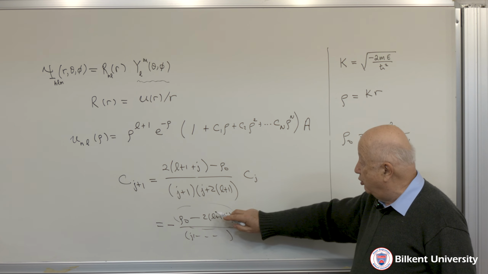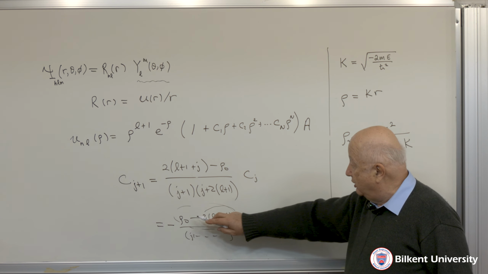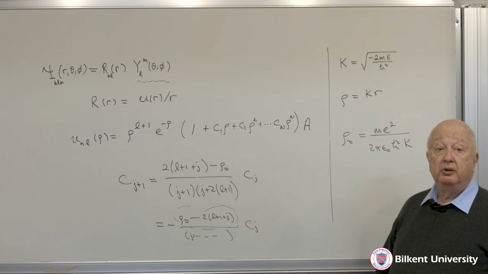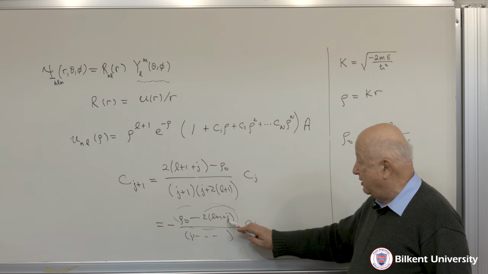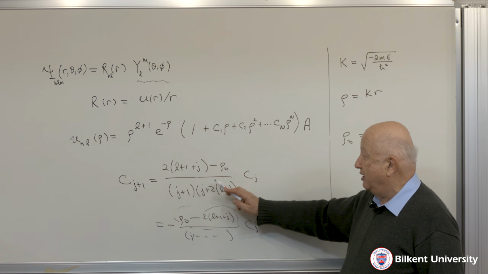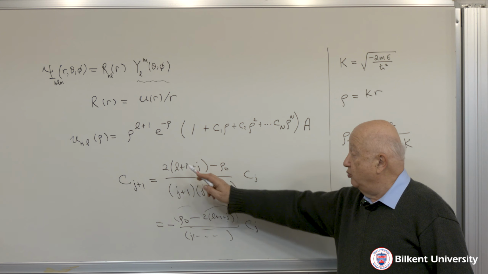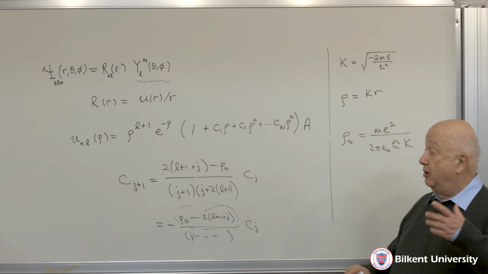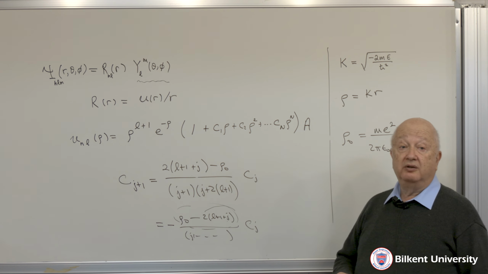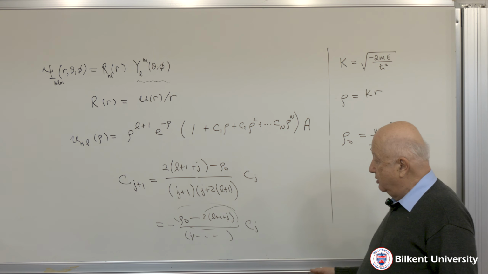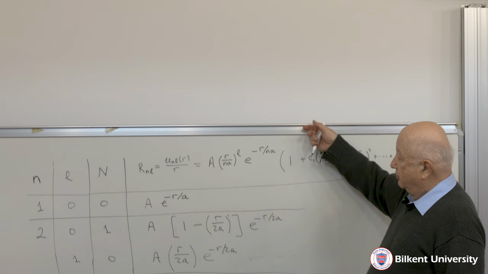So this term is smaller than rho 0, which means the numerator is negative. If Cj is positive, I get a negative C_{j+1}. So the signs alternate.